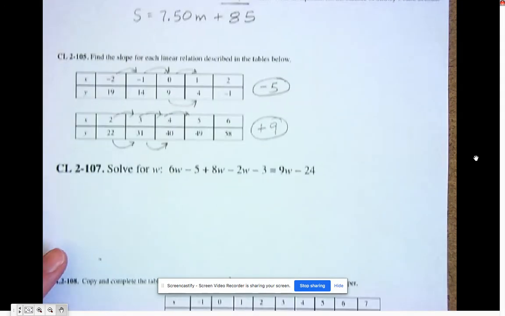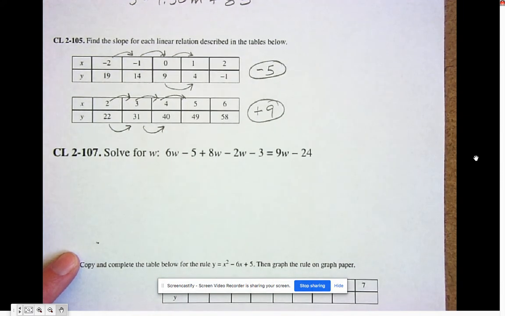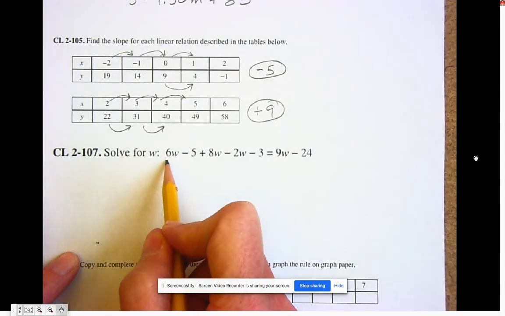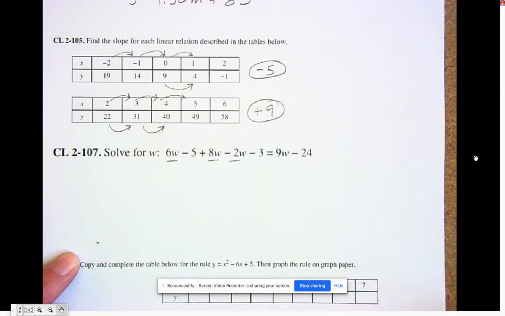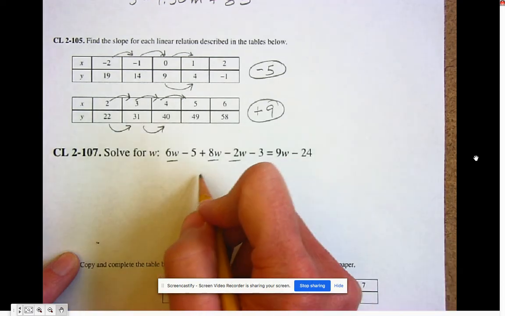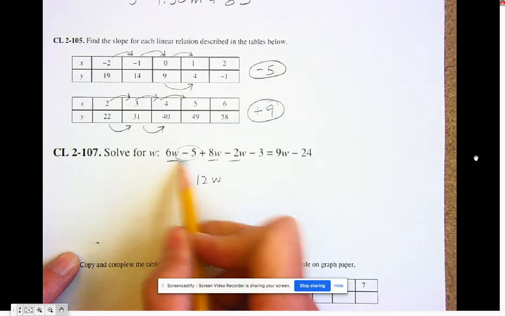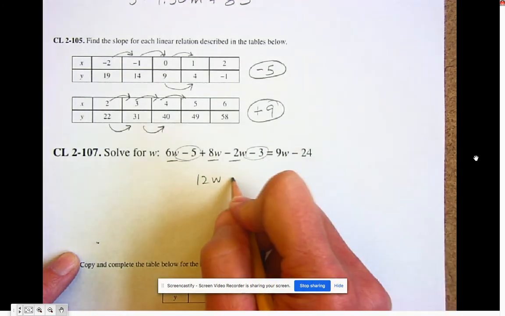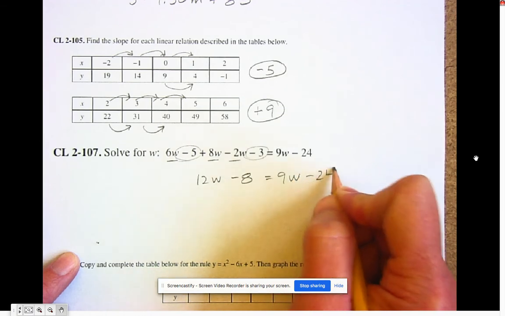Okay, so a little practice solving equations. I'm trying to solve for W. I'm going to go ahead and start by combining my like terms. I've got 6W, 8W minus 2W. So if I combine that, that gives me what? 12W, and then I've got minus 5 minus 3, so minus 8, is equal to 9W minus 24.